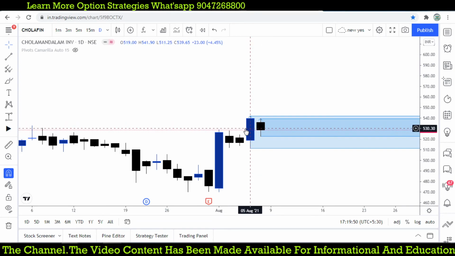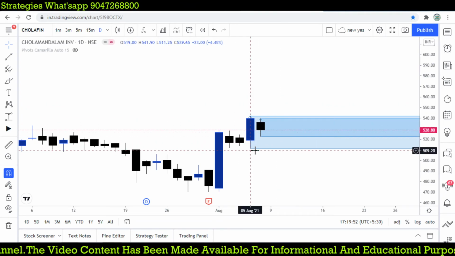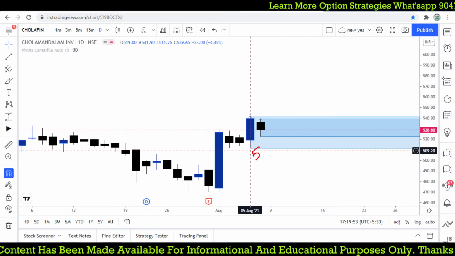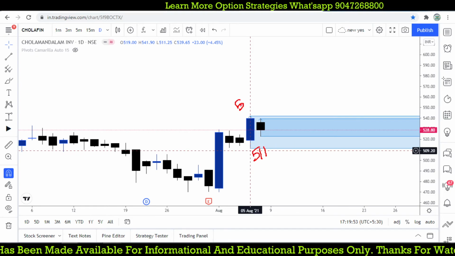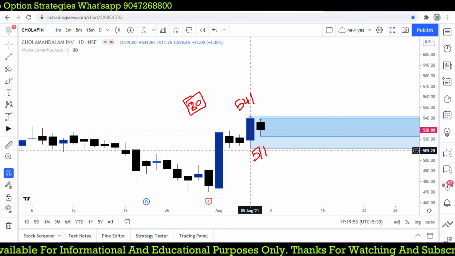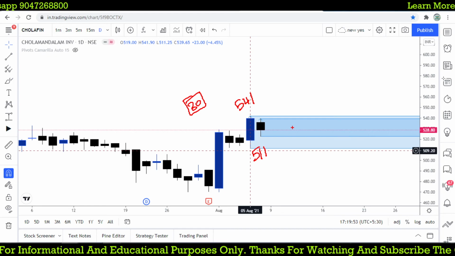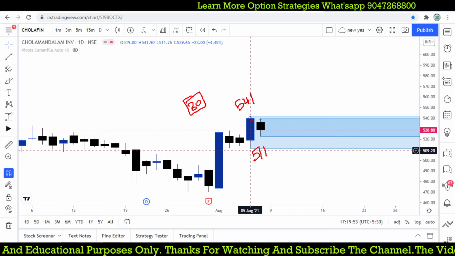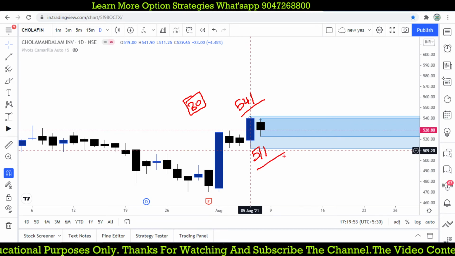So the previous candle looks like a great Harami pattern, where we are going to take 511 and 541, somewhere around a 30 point stop loss for the trade. If you are focusing on this stock, it will give you such a nice movement when the market breaks above that level of 540 or even 500.